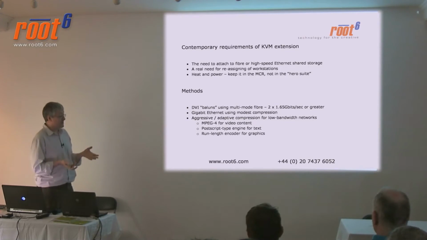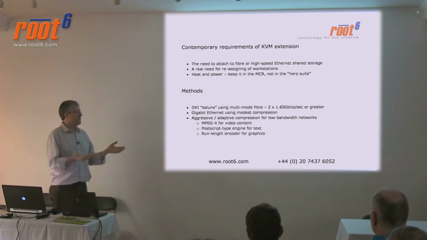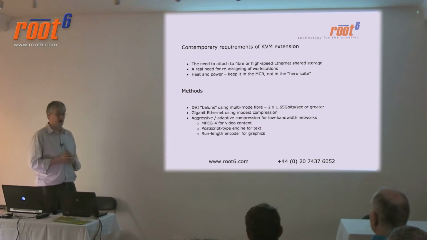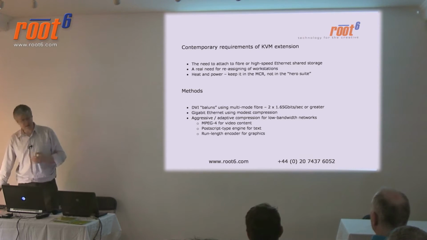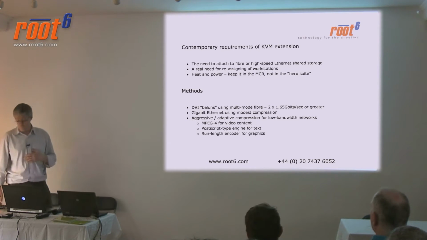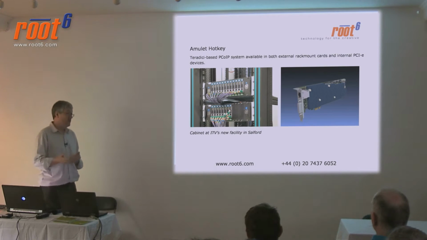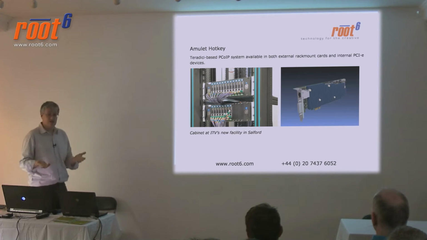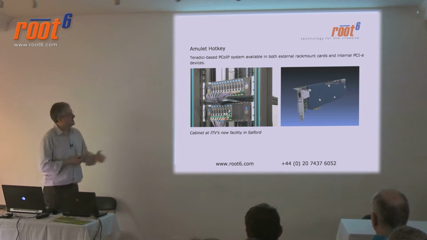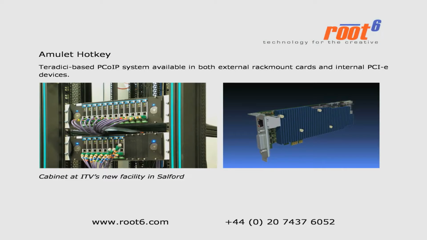For text and things like that, it will deploy a PostScript engine for compressing the text. And then everything else, graphics and everything else, pretty much gets hit by a run length encoder. And by using that very aggressive, very adaptive compression, you can achieve quite splendid compression rates that work very well over commodity Ethernet networks.